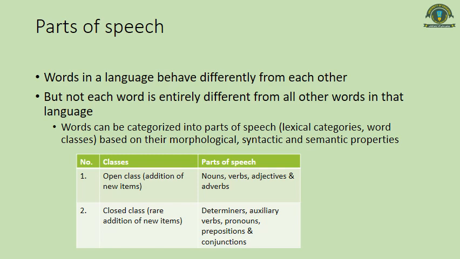Parts of speech are the lexical categories, word classes, and they are based on their morphological, syntactic and semantic properties. As you see in the diagram, in the table, there are 2 classes we have discussed in detail under the lesson of morphology, that there are 2 classes of words or morphemes, open class and closed class.